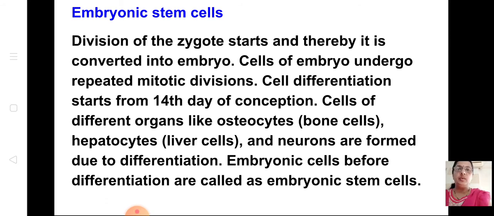Division of the zygote starts and thereby it is converted into an embryo. This we all know. Once there is union of male and female gametes, the zygote is formed, and that is converted into an embryo, isn't it? Cells of the embryo undergo repeated mitotic division, and there is cell differentiation.